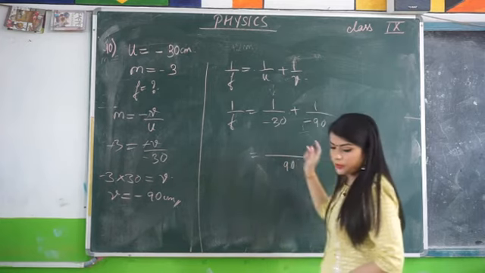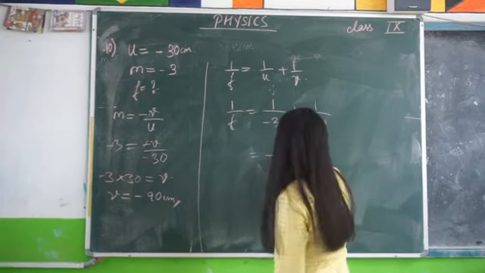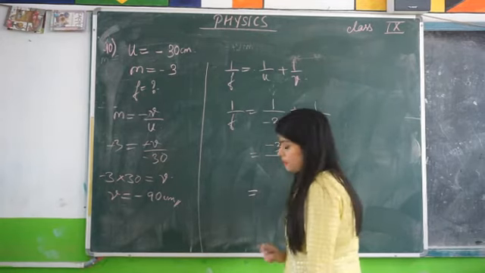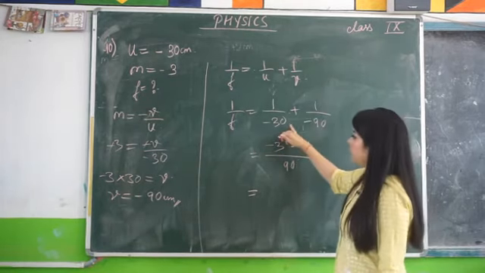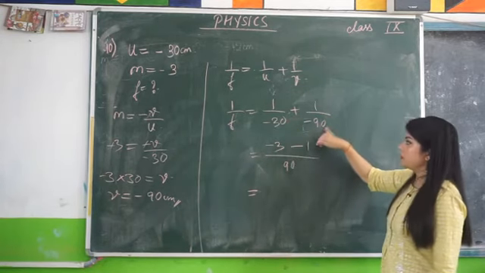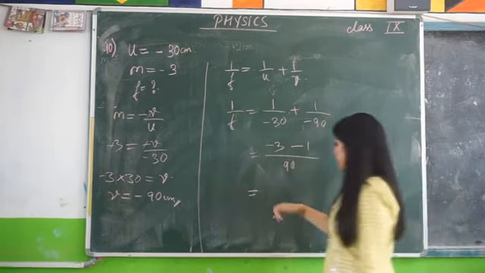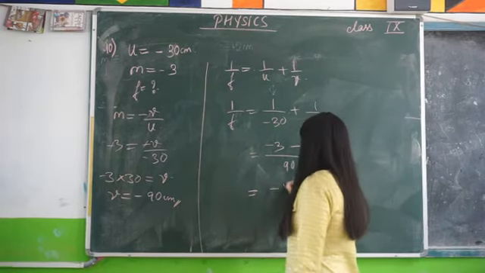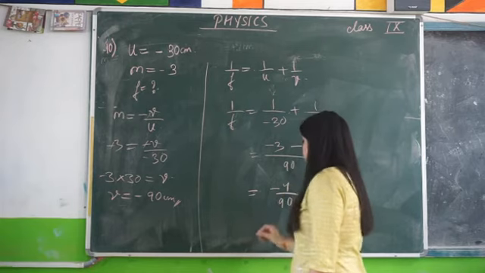Over here it will be minus 3 minus 1. Okay. 30 into 3 is 90, so 1 into 3 is 3. 90 into 1 is 90, so 1 into 1. Minus 3 minus 1 will be minus 4 by 90.